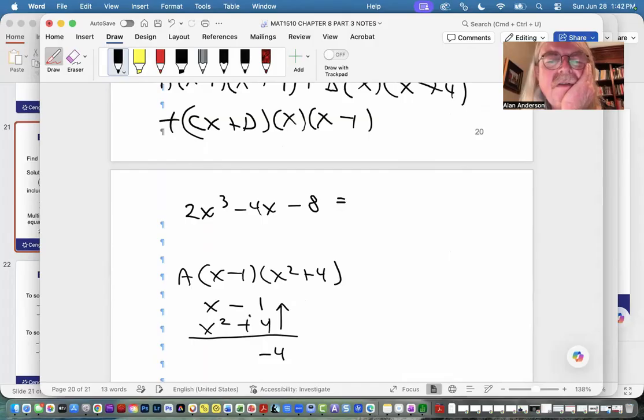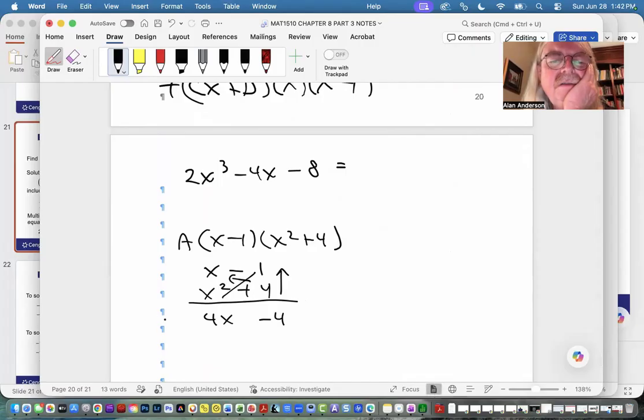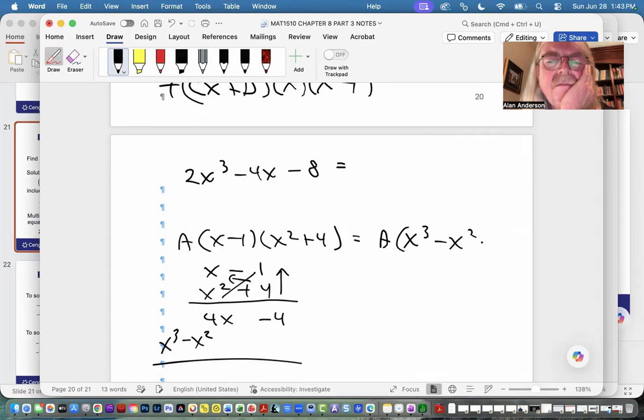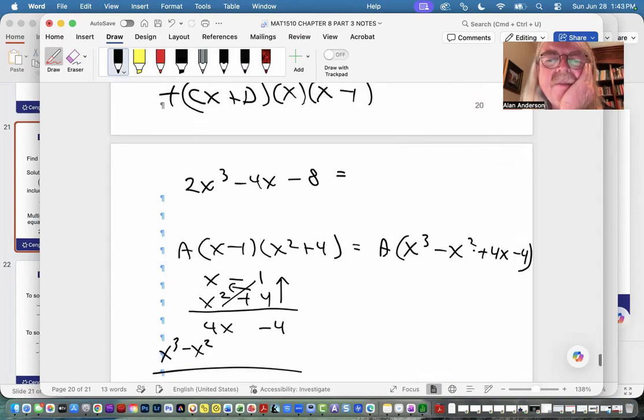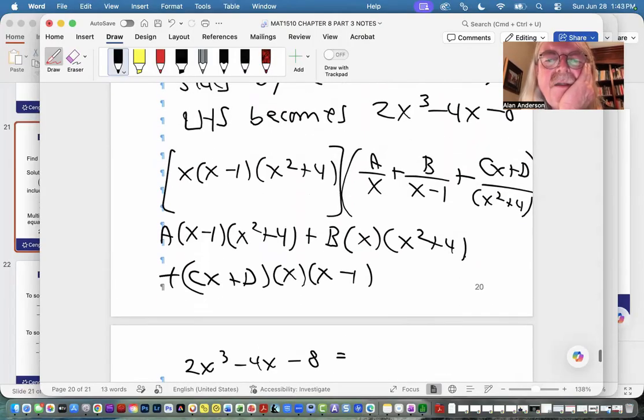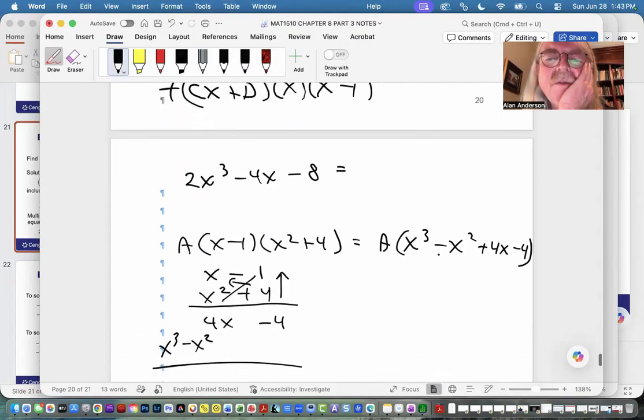Minus 4, 4x, minus x squared, x cubed. So we have, all right, what about the b term? Oh, that's easy. Bx times x squared plus 4.